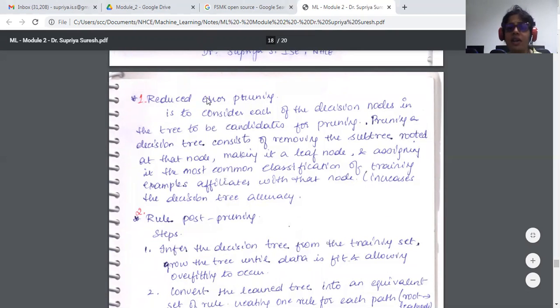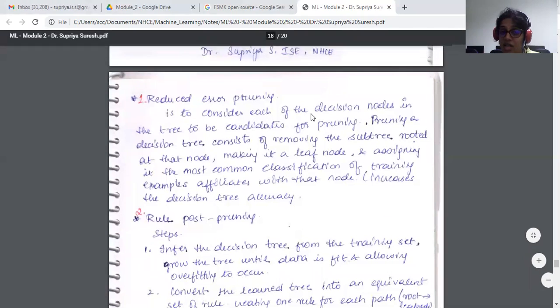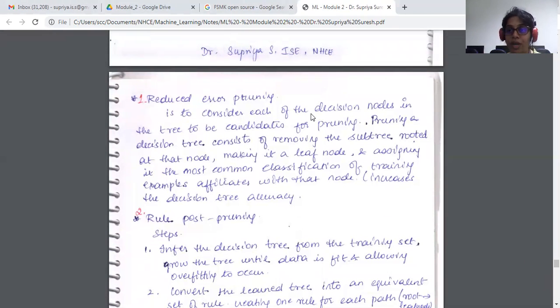What is reduced error pruning? It considers each of the decision nodes in the tree to be a candidate for pruning. Whenever I get a tree, each and every decision node is considered a candidate for pruning. What is pruning?